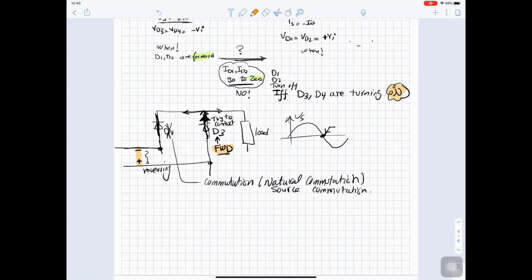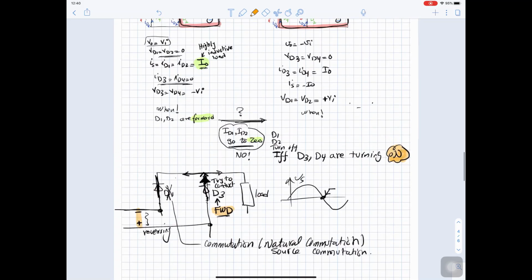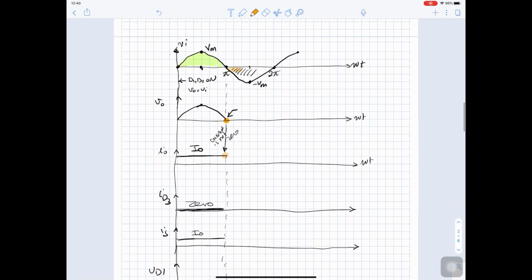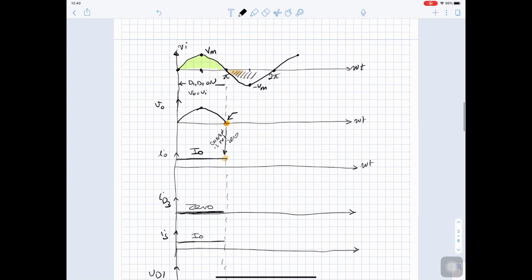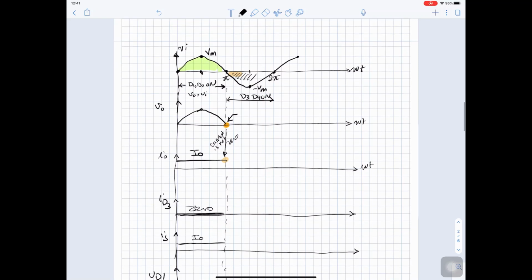So diode 1 and diode 2 will not turn off unless diode 3 and diode 4 are turning on. So we can say that this will end here, and now we will have diode 3 and diode 4 on.